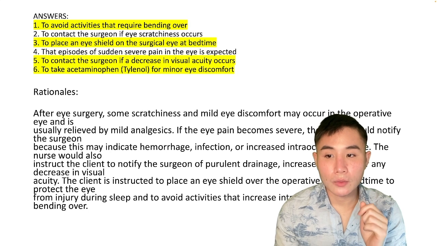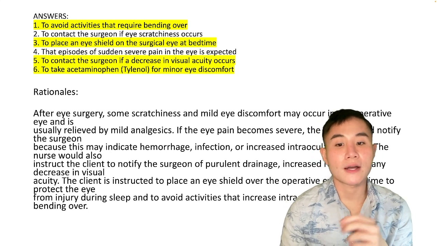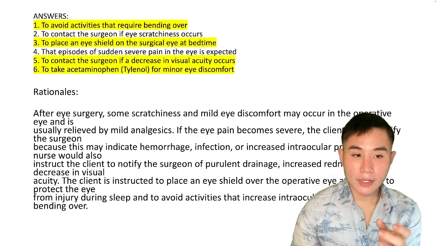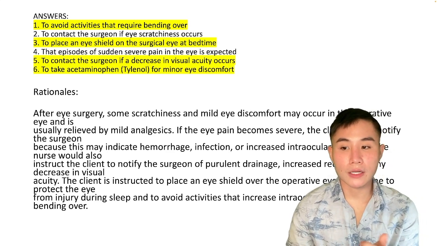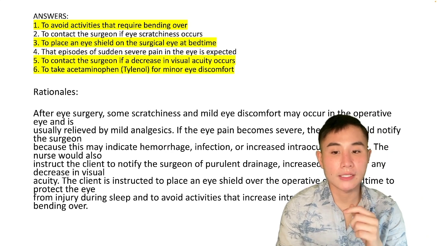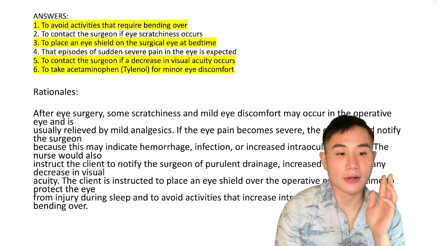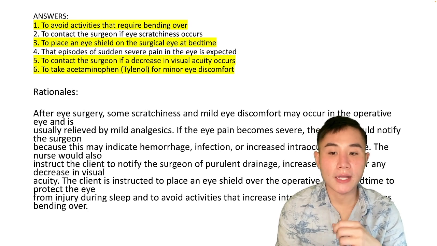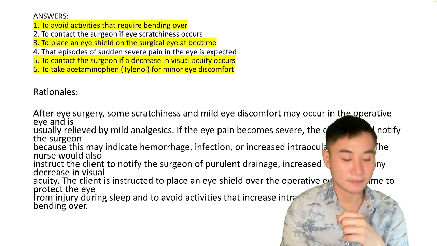The nurse would also instruct the client to notify the surgeon of purulent drainage, increased redness, or any decrease in visual acuity. The client is instructed to place an eye shield over the operative eye at bedtime to protect the eye from injury during sleep and to avoid activity that increases intraocular pressure, such as bending over.